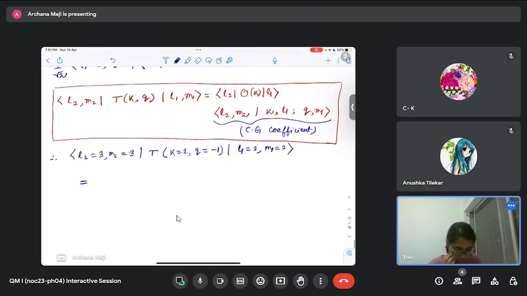That will give us L2, which is 3, some function which is a parameter of k, that is a constant, times that CG coefficient. So 3, 3, let me write down. K equal to 1, L1 equal to 2, Q equal to -1, M1 equal to 2.